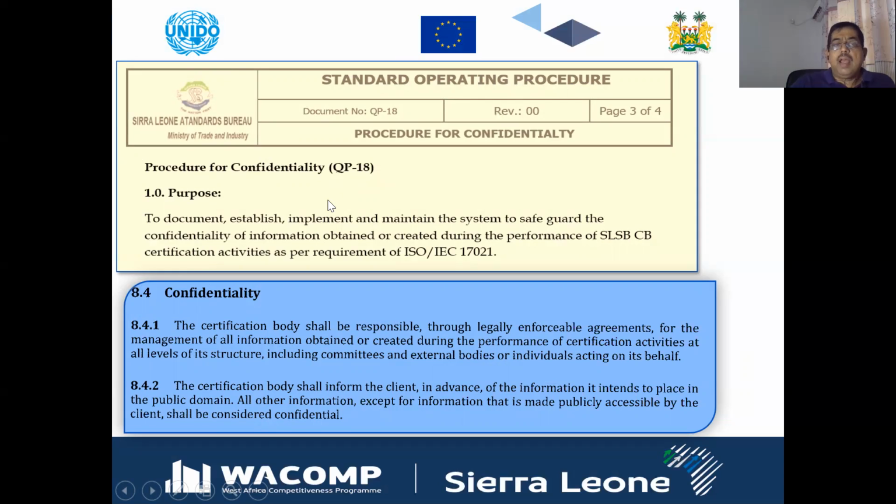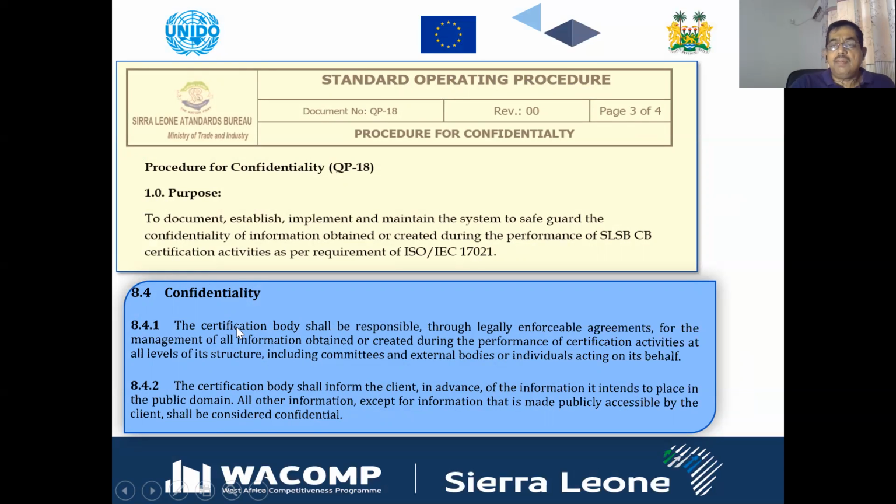Those auditors, when they enter some of the companies, they will have some very valuable information of those companies, because those companies will share all the data with these auditors, all the data with you as a certification body.